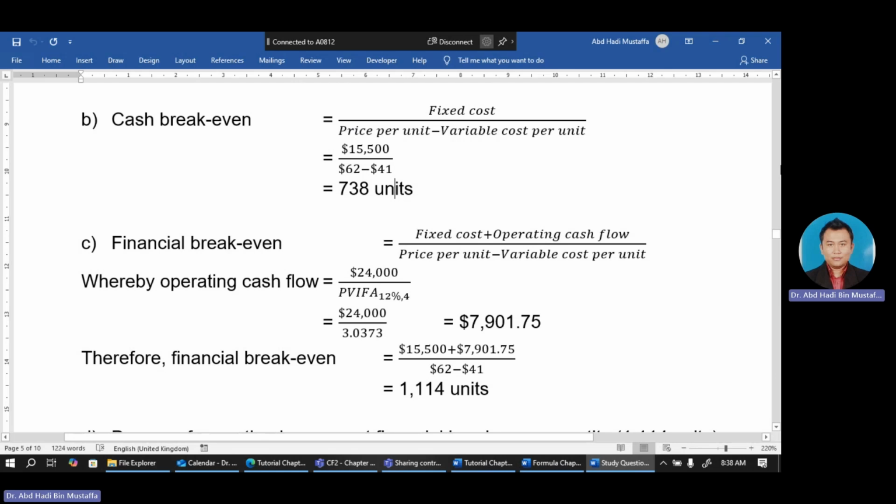OCF means initial investment divided by PVIFA. Let me know while you are writing down if you don't understand how to get those figures.